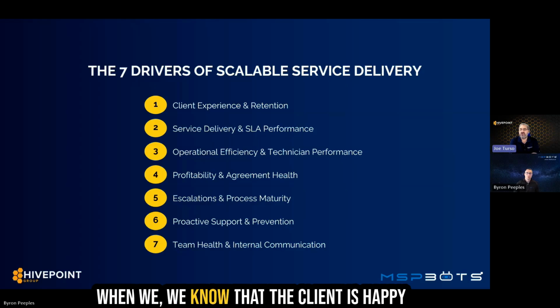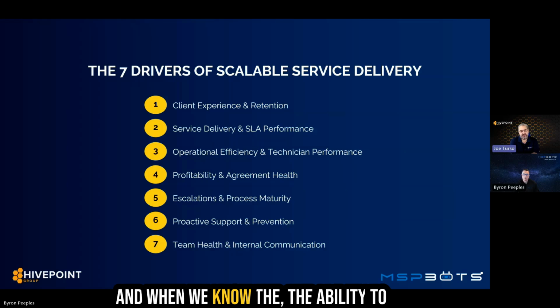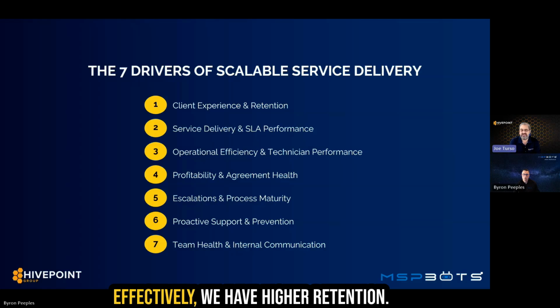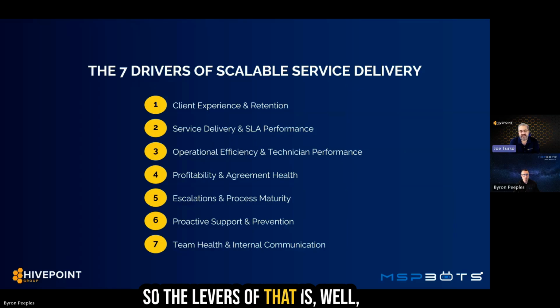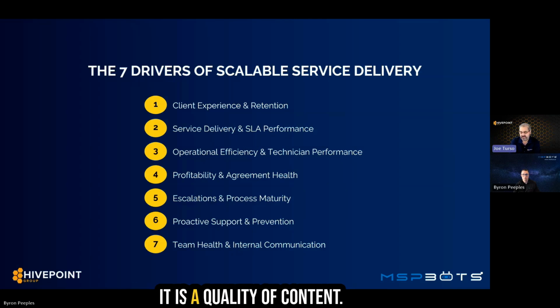When we know that the client is happy, not just after the fact, but during the fact, and when we know the ability to help them run their business more effectively, we have higher retention. So the levers of that are, obviously one of them, CSAT, right? But another one of them is time entry. Are we communicating effectively? It is quality of content.